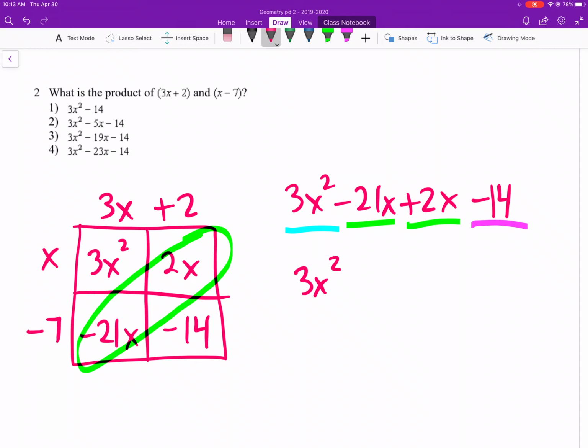Negative 21x plus 2x is negative 19x minus 14. And you're done, which is choice 3. So it was multiplication, right? But at the end of this, we had to make sure we identified like terms and then added or subtracted them depending on whatever the operation was.